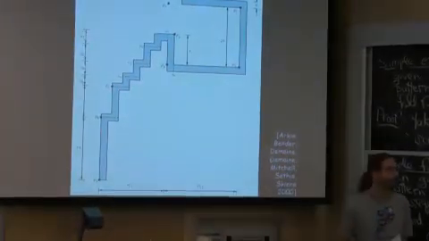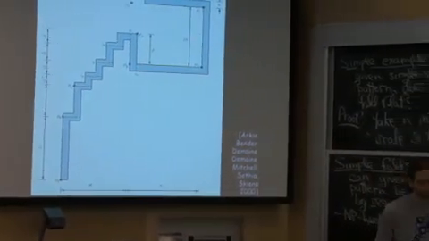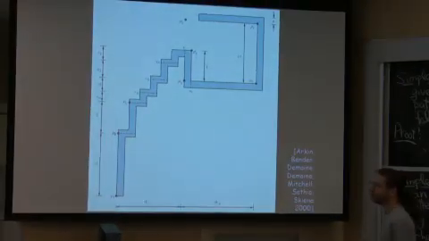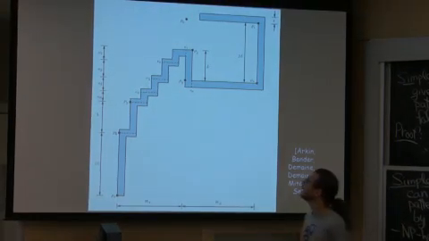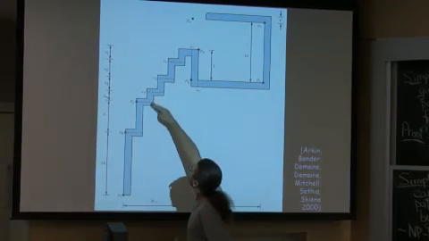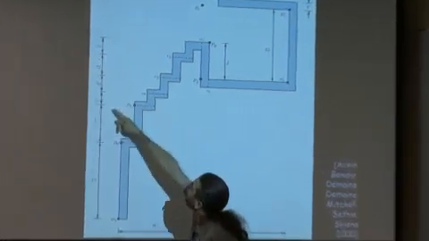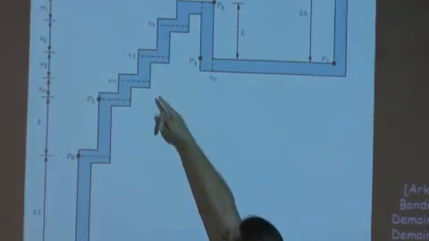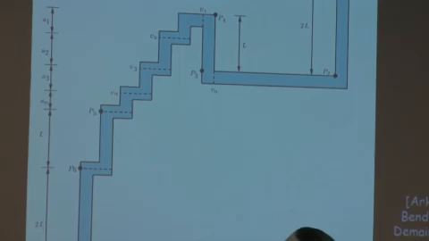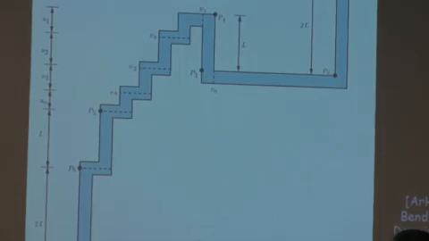So again, we're going to reduce from partition. So we're given n integers. We want to know whether we can divide them into equal summing halves. And we're going to represent those integers by these lengths. So here's a_n, then a_3 and a_2 and a_1. So the lengths in the top part of the staircase are integers.